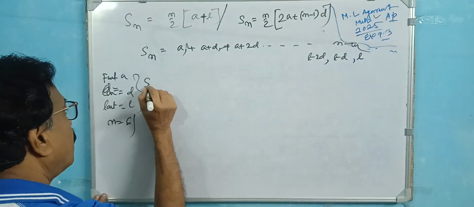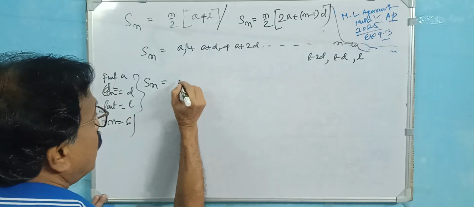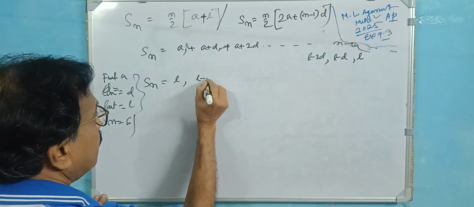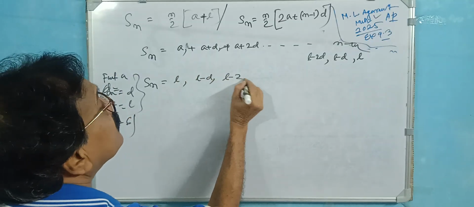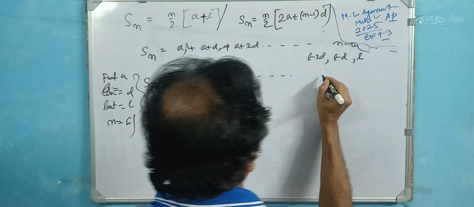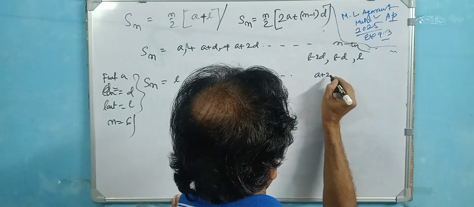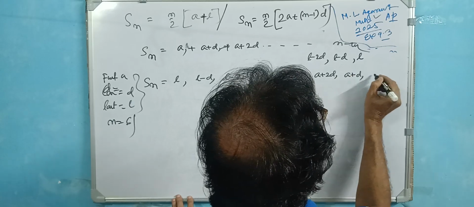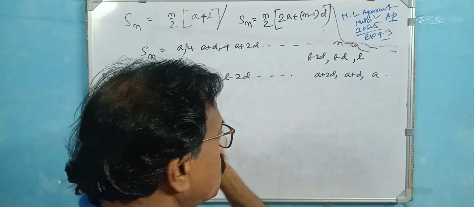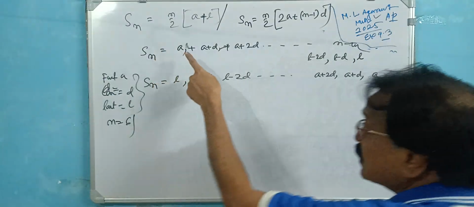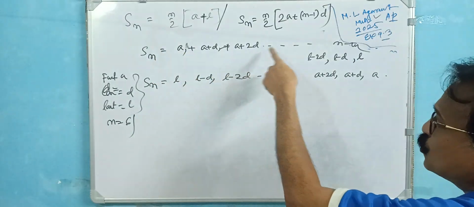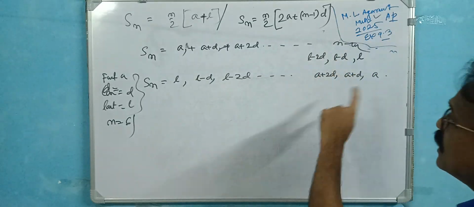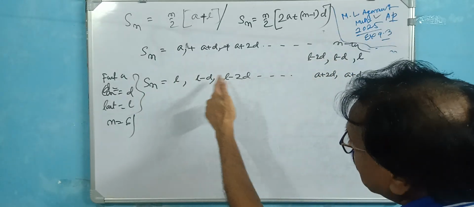Now from the last term you write l minus d, l minus 2d, dot dot dot, then a plus 2d, a plus d, and this is a. In this way, from the starting, this is a plus d, a plus 2d, and from the last, l minus d, l minus 2d.